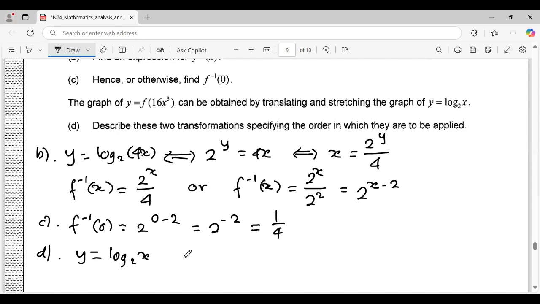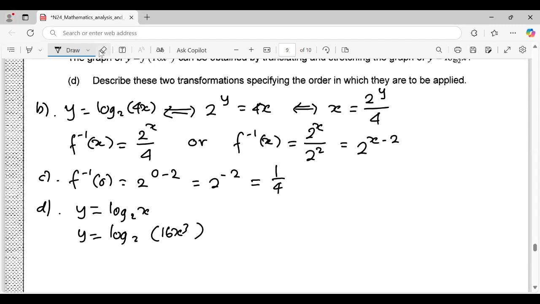And the next step, we can rewrite the expression y equals log 2 of 16x cubed. Wait, I'm going to fix this first. Okay, this expression. We will now break down the transformations that occur from the basic graph y equals log 2x to this graph.